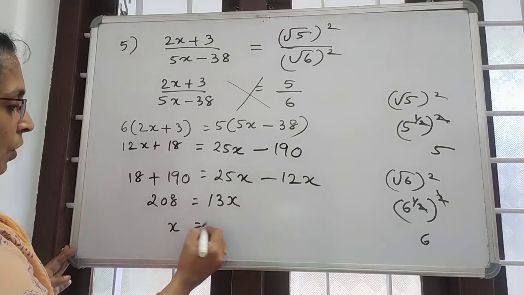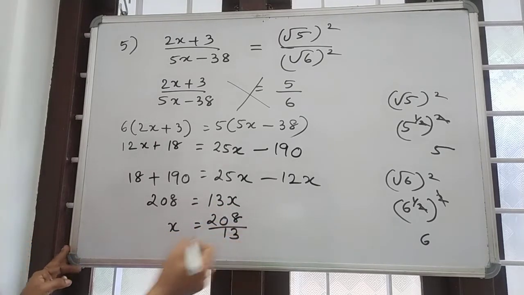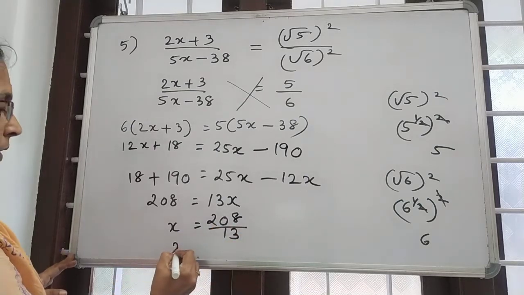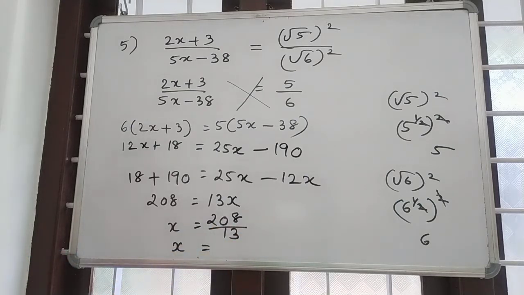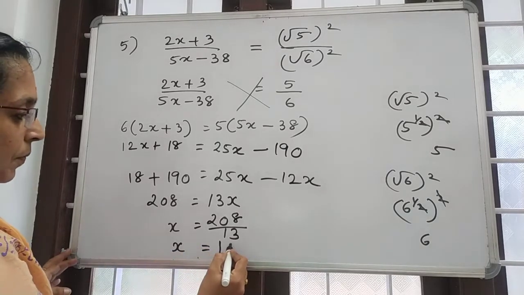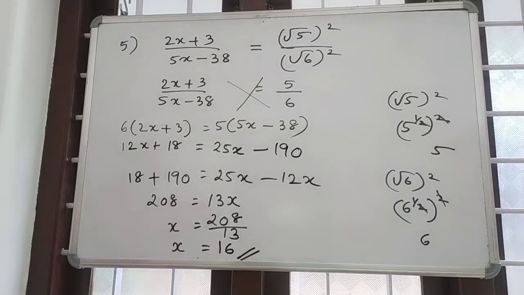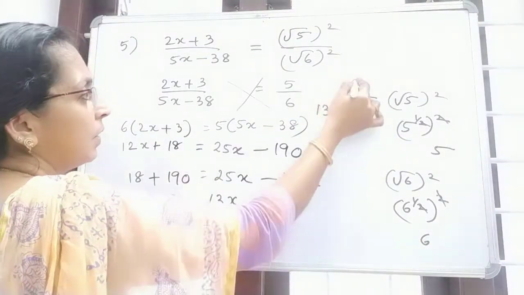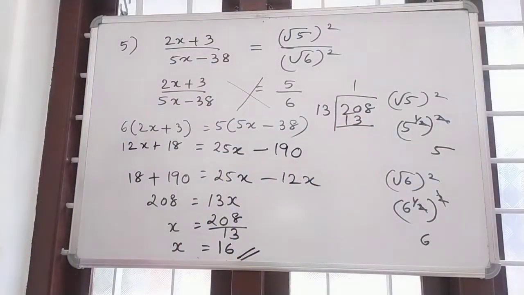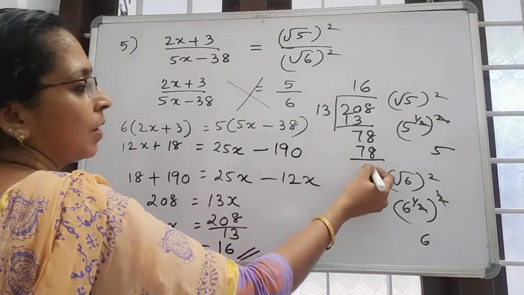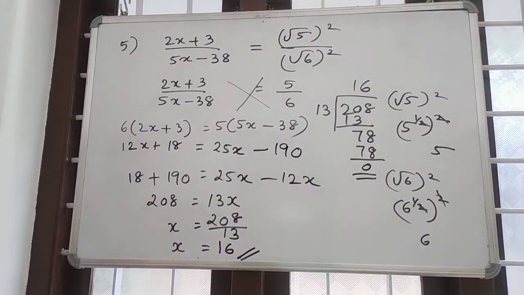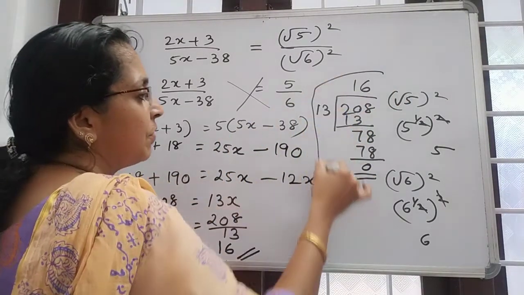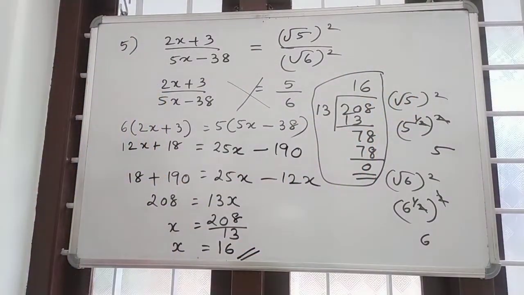So x is equal to 208 divided by 13. 13 into 16 is 208. You can do the division in the working column. So x value is 16.